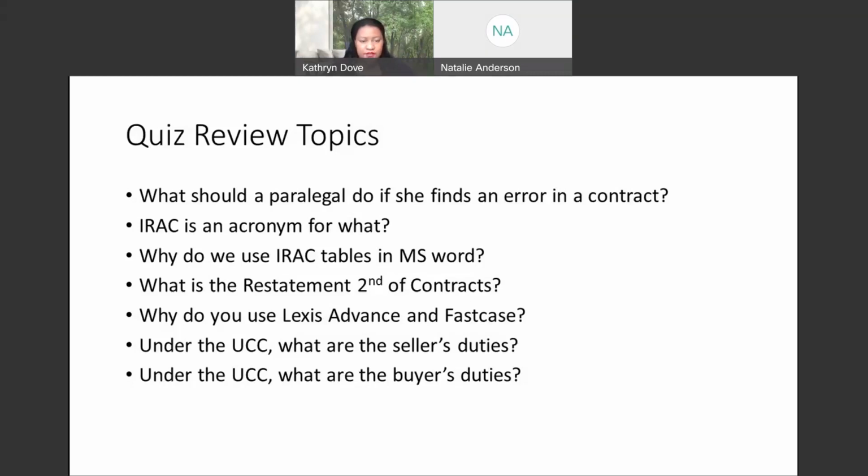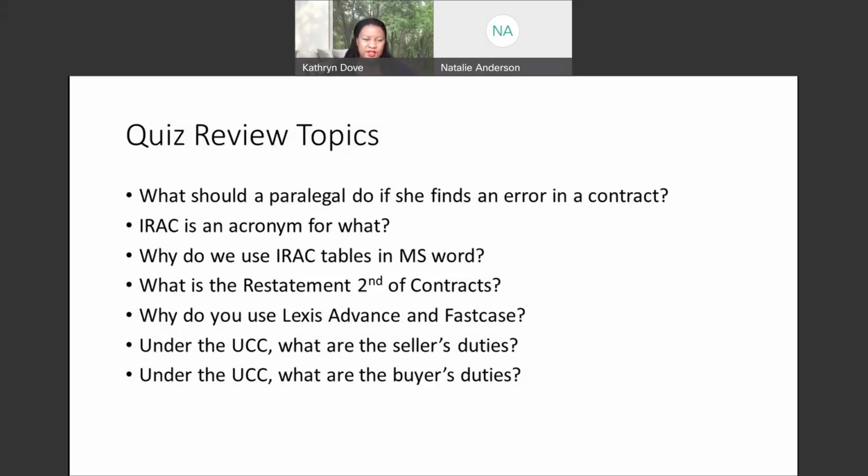The Restatement Second of Contracts is a treatise about contracts. It's like an encyclopedia. It is a secondary source of the law. Cases and statutes and rules are primary sources of law. An encyclopedia of the law, like the Restatement of Contracts, is a secondary source.